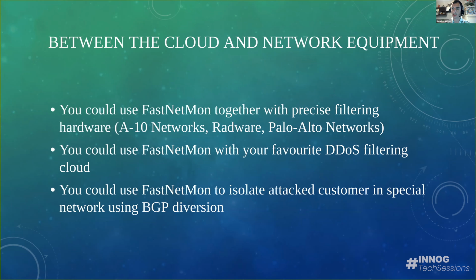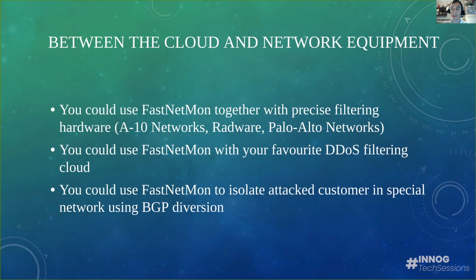But in addition to this scenario, you can use an external scrubbing center. Of course, they are more expensive, because Fastnetmon is free for you, but you can find some affordable cloud scrubbing centers, and in this case Fastnetmon also can help you.